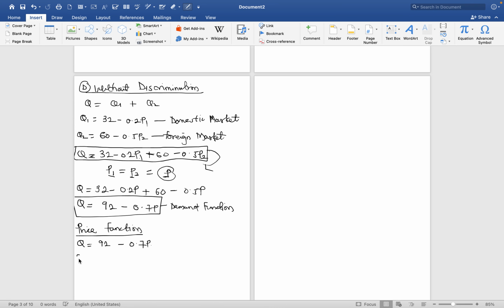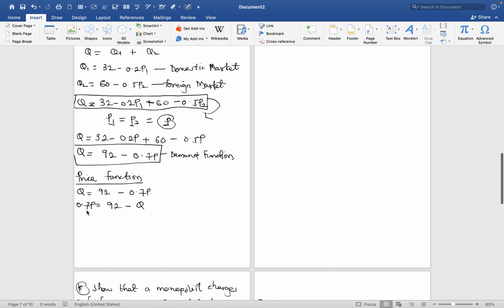You move it to the left, it becomes 0.7P is equal to 92 minus Q. We are finding for P, so we divide both sides by 0.7. So this moves out.